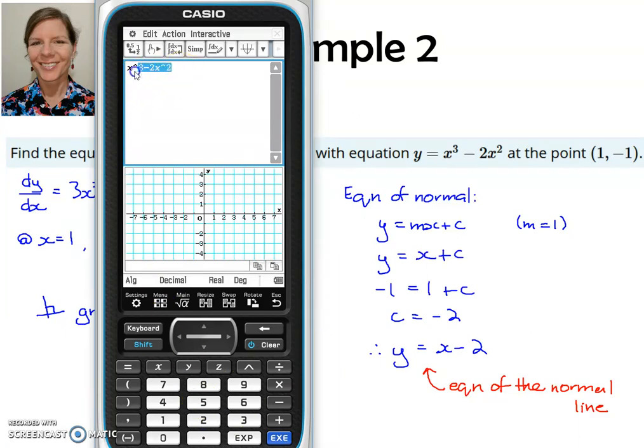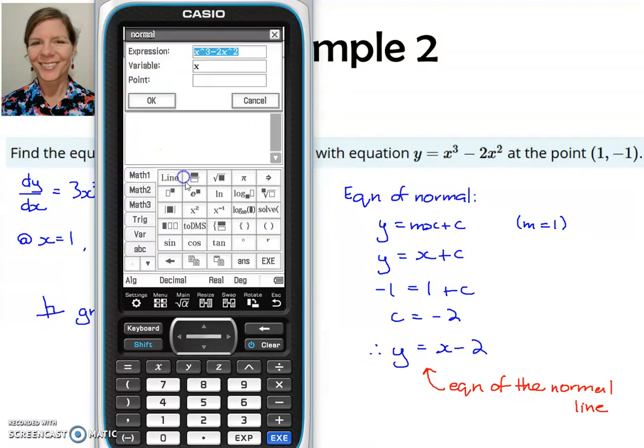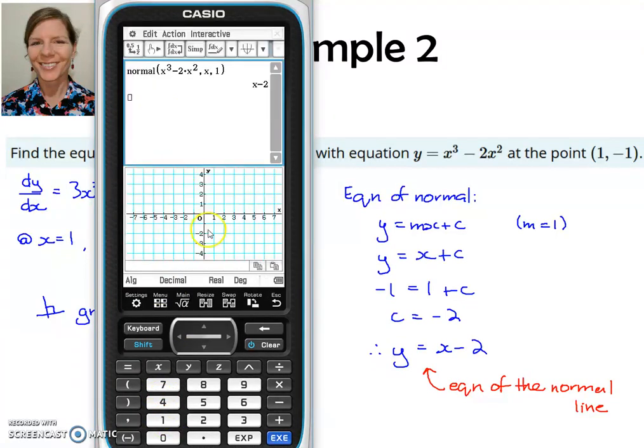Okay, and we're going to go up to calculate line normal. The point we want is 1 again. Okay, x minus 2. Excellent. That's what we got. And then if we want to see what that actually looks like, do our y equals, bring that down, pop that in here. Okay, nice little function there.